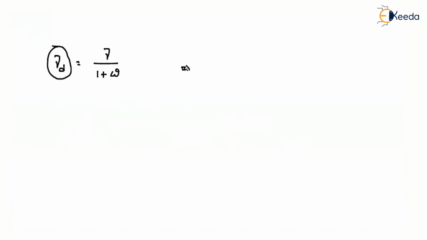Then what can we say? I can say that my bulk density is directly proportional to 1 plus w, the water content. So just apply it in the present condition. Here I'll say gamma 1 divided by gamma 2 will be equal to (1 plus w1) divided by (1 plus w2).